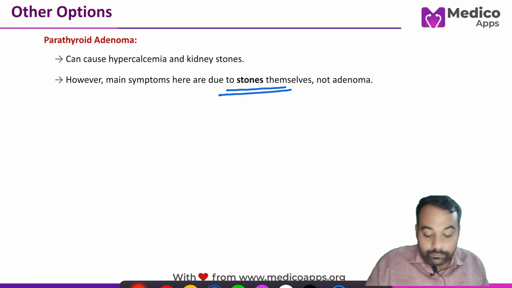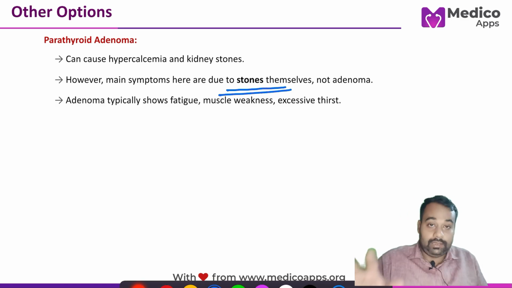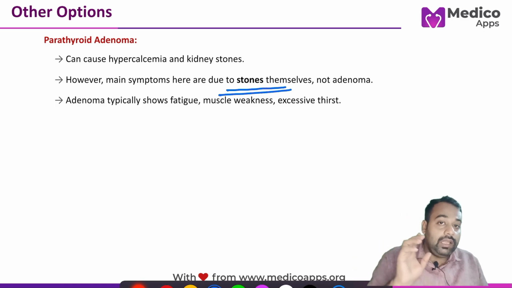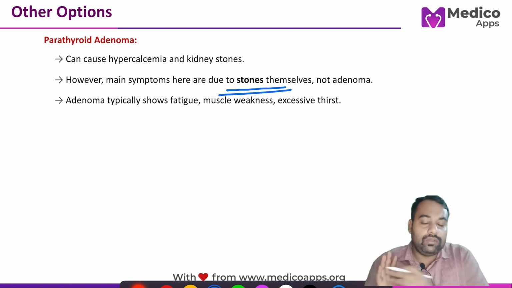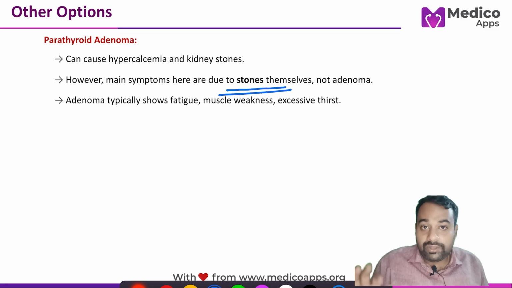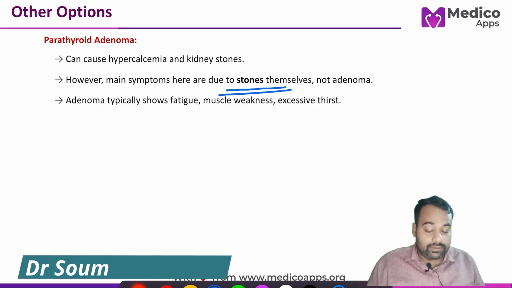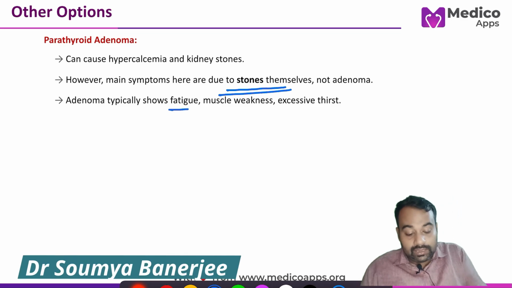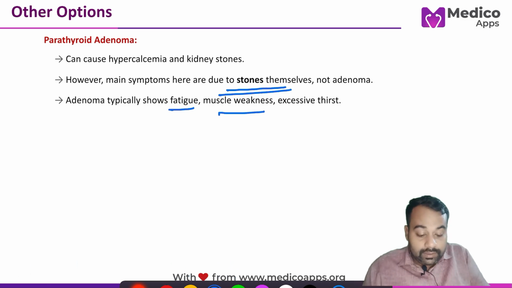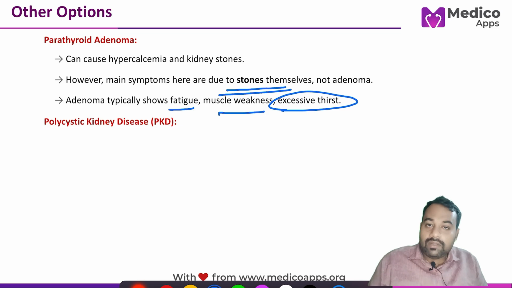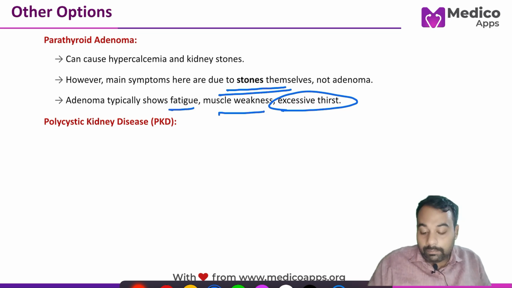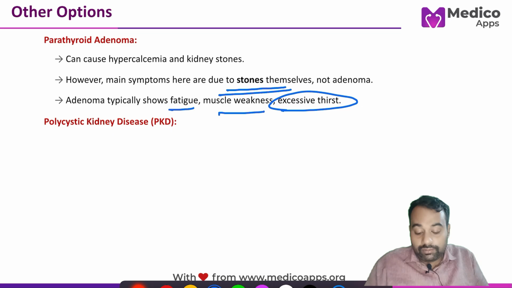Okay, but the problem is that in case of parathyroid adenoma, some adjacent features would also be mentioned in this question, which are not there. There are features of fatigue, muscle weakness, excessive thirst. These are the typical features seen in parathyroid adenoma, which are absent in this question.